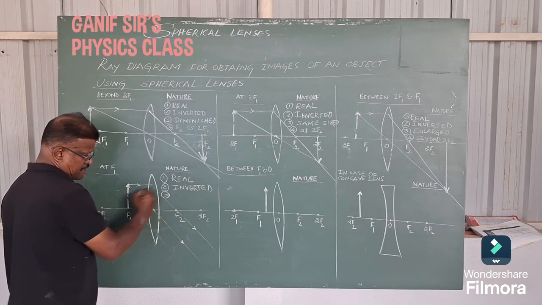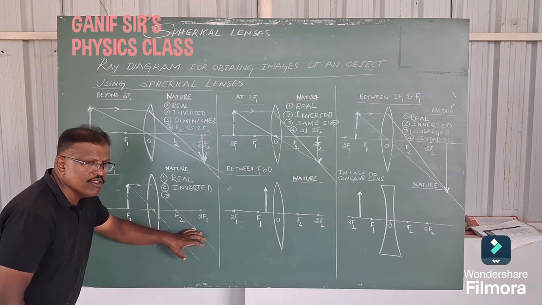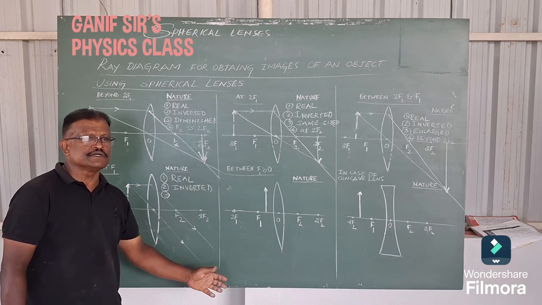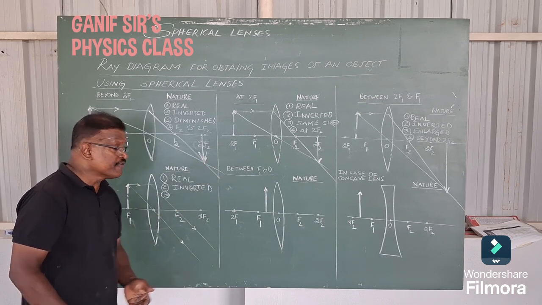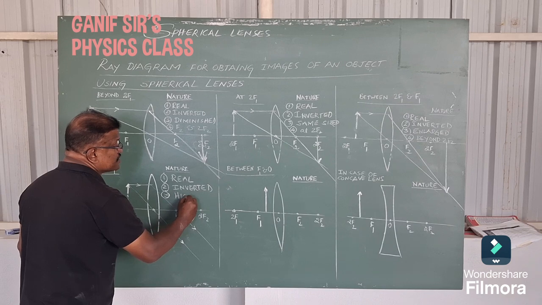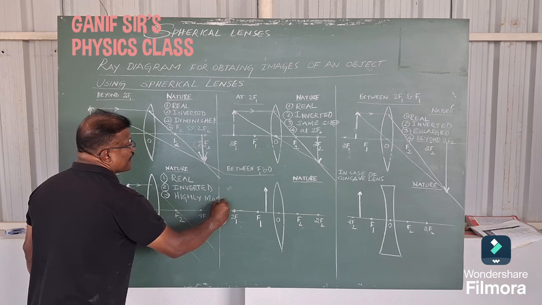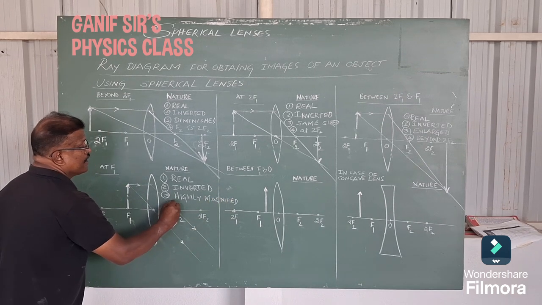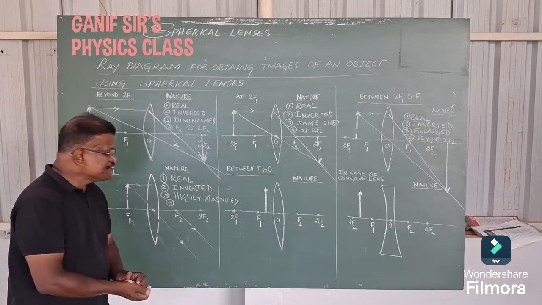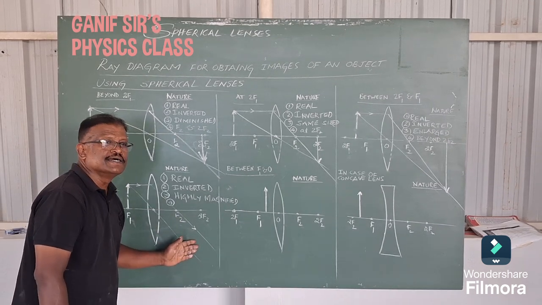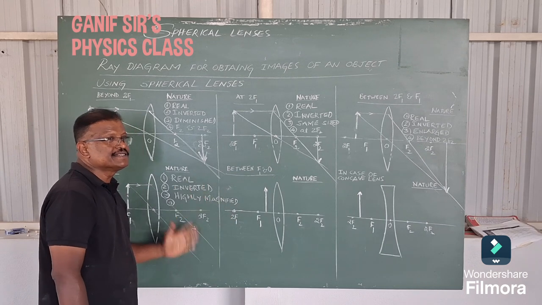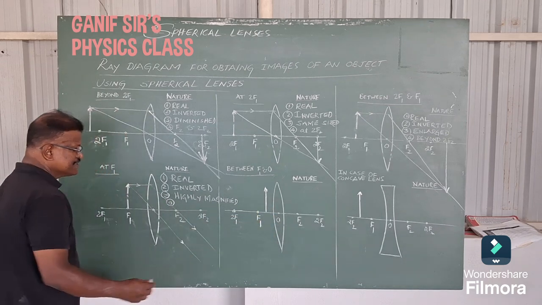Third one is regarding the size. If they are meeting at infinity, of course the size of the image is highly enlarged or magnified. Regarding the position or location of the image, the size is infinitely large, meaning the distance of the image is also infinitely large.